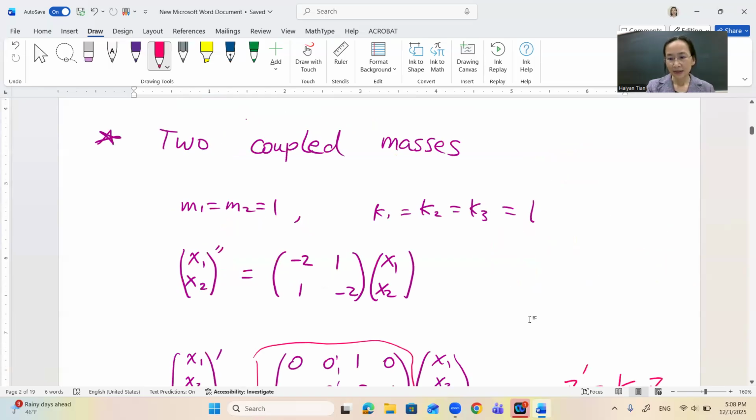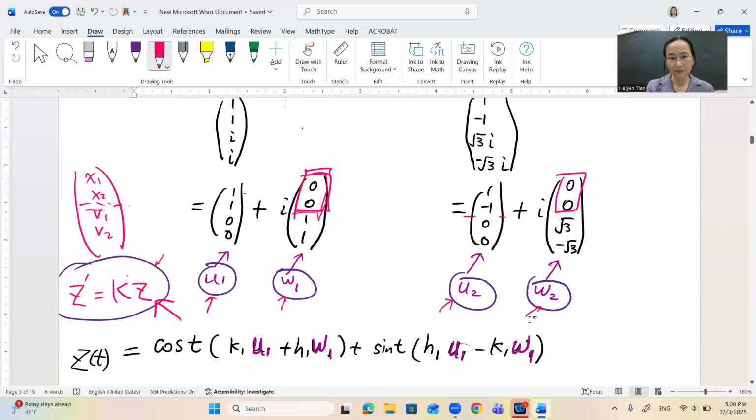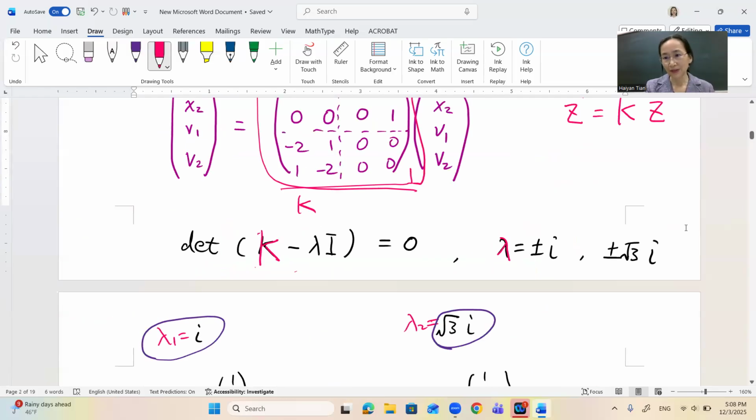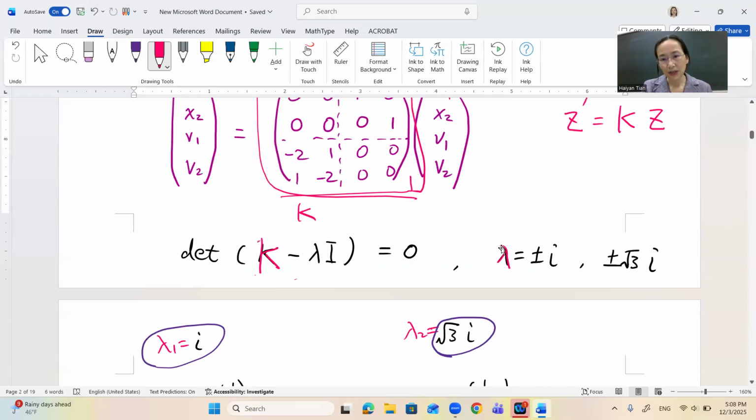And yeah, from 2 coupled to 3 coupled masses, then you have a slightly larger system. But of course, when you look for the eigenvalues and eigenvectors, you should use some software, for example, MATLAB, to calculate eigenvalues and their corresponding eigenvectors.